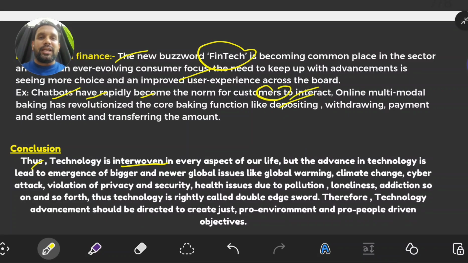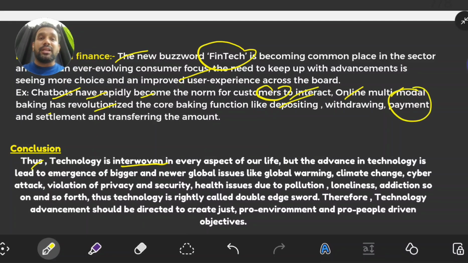Once upon a time, if I wanted information about a particular product or service, I had to call and ask. Now the chatbot itself chats with me, asking what I want, which course I would like to have, what my expectation is, what my price range is. With online multi-mode banking systems, on mobile, internet, laptop, tablet, you are able to use banking and financial products on any of the platforms.